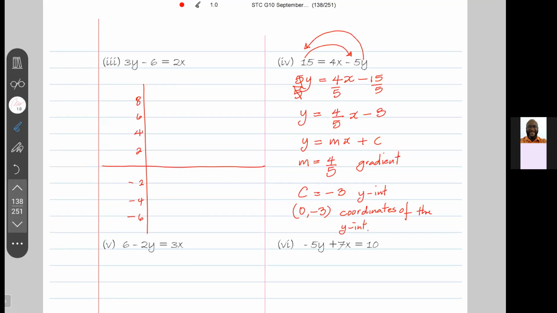I'm just giving a sketch. And by the time we finish this topic, you will be able to do this as well. This is the origin. The graph cuts the y-axis at -3. So the graph passes through this point. The gradient is 4 over 5.